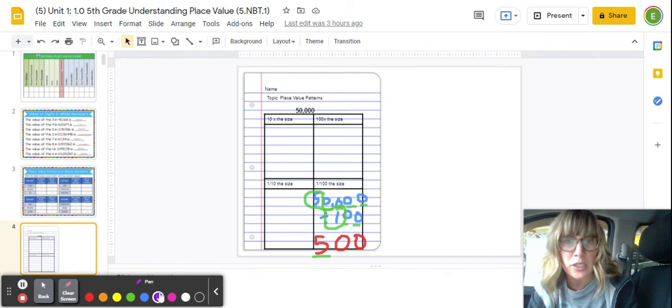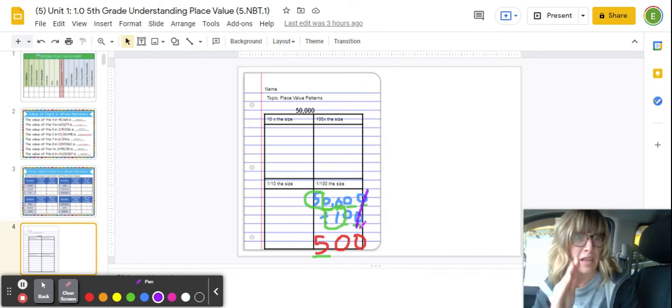So then we're going to look at these zeros. Since we have zeros in the top number of 50,000 and the bottom number of 100, as we're dividing, they almost cancel out. So we are going to cancel out these zeros because we're making it smaller by a tenth.